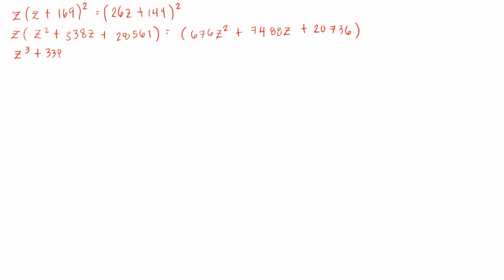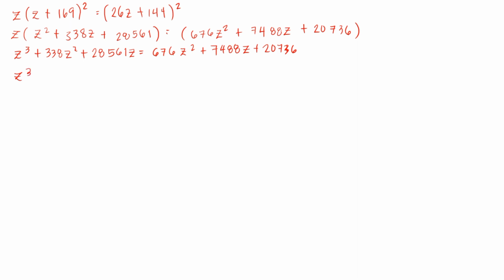Now, distribute the z on the left side. I will have z cubed plus 338z squared plus 28,561 z. Then I will just rewrite the right side. Then, let us simplify the equation.